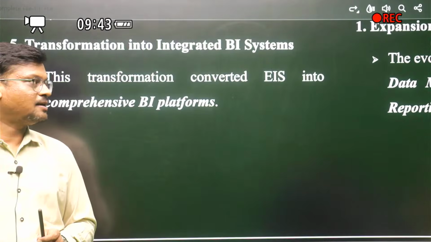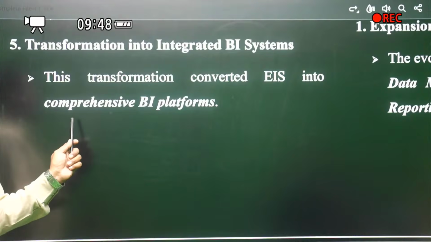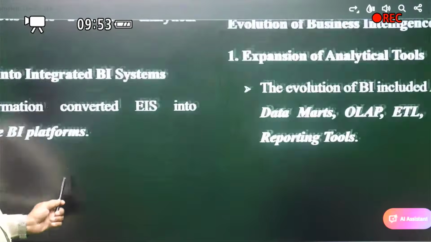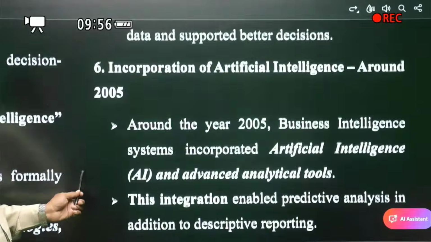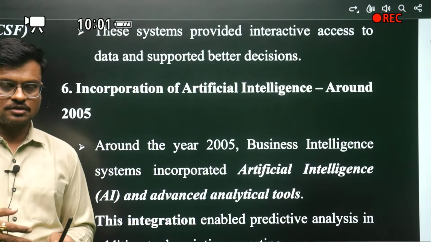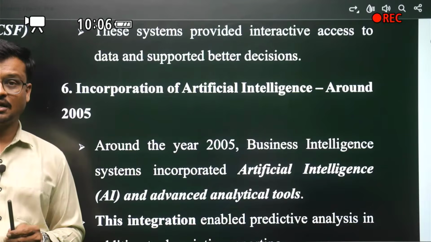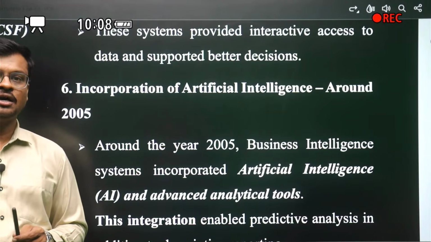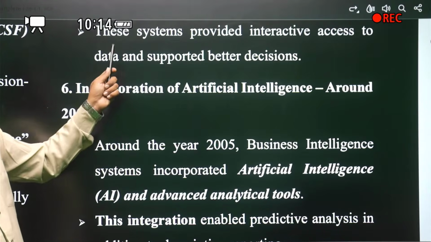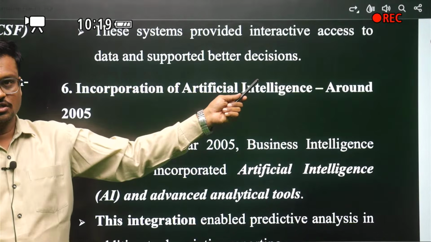With the transformation into integrated BI systems, comprehensive business intelligence platforms came into the picture, and companies like Microsoft and IBM came up with business intelligence processes, integrating direct analysis into your databases. We will also see that particular point in the upcoming sections. The systems provided interactive access to the data and supported better decisions.